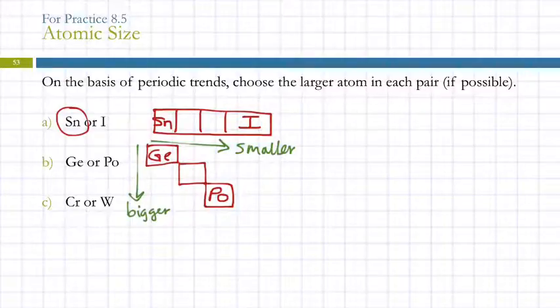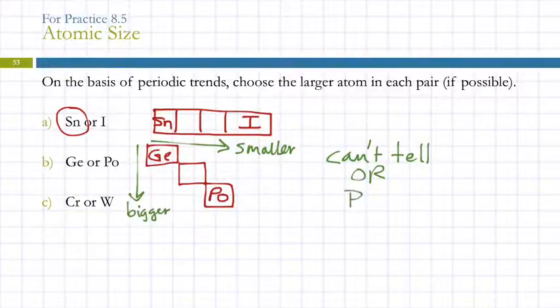So I would accept two answers for this. I would accept "can't tell." I would also accept that we predict polonium is going to be bigger. So choose the larger one, or Po is bigger.